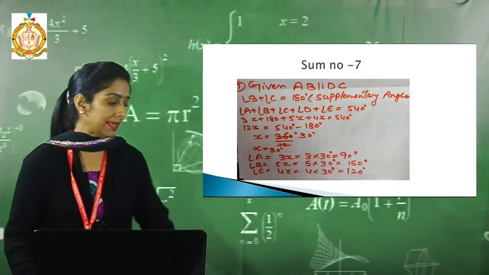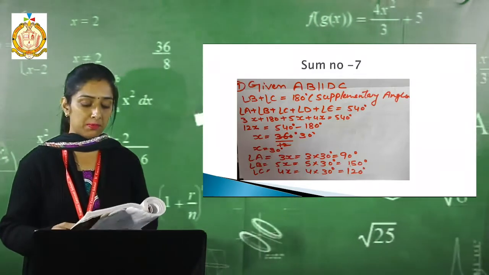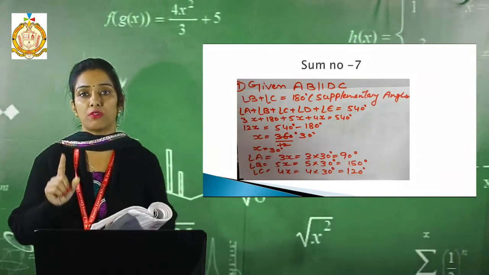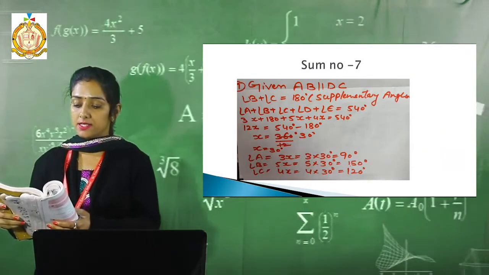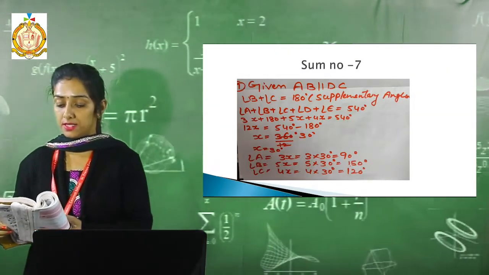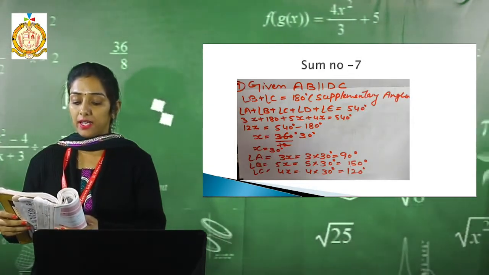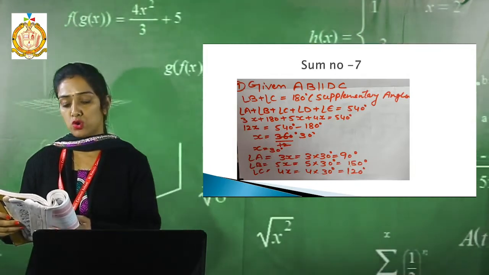Now see, next sum number 7, that is in a pentagon ABCDE. See here there are 5 angles of the pentagon, A, B, C, D and E. AB is parallel to DC and the ratio of angles A, E, D is 3 to 4 to 5.